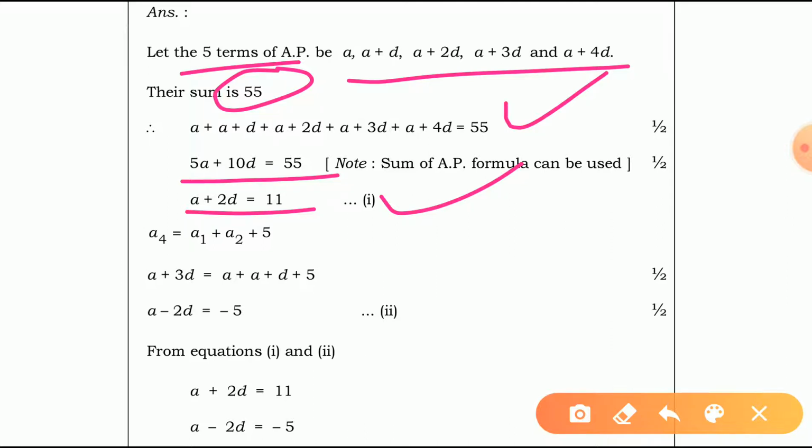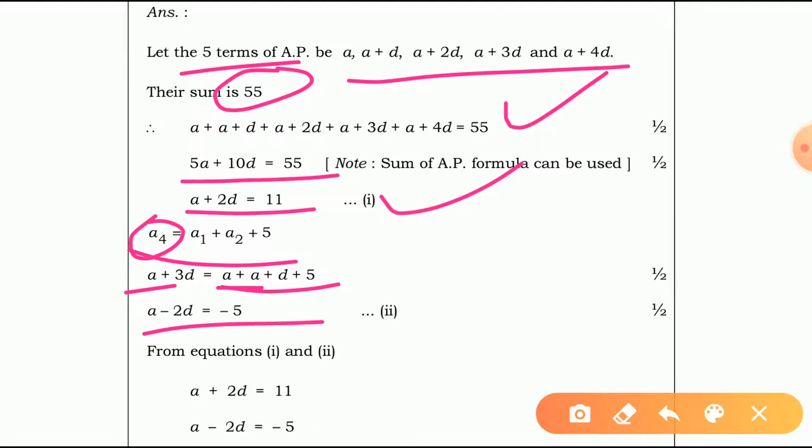Similarly, according to the given condition, a4 is equal to the first term plus the second term plus 5. Here we know that a4 is equal to a plus 3d, the fourth term of an AP. a1 is equal to a, and a2 is equal to a plus d, and 5 as it is.